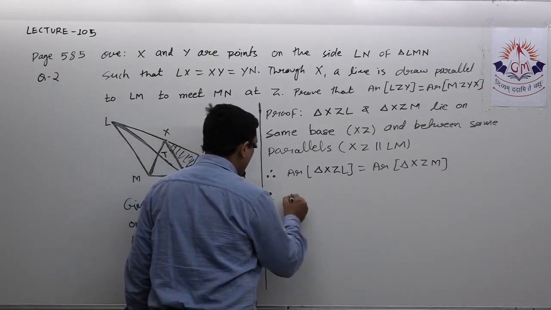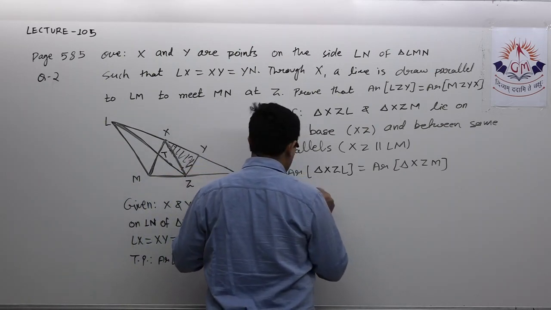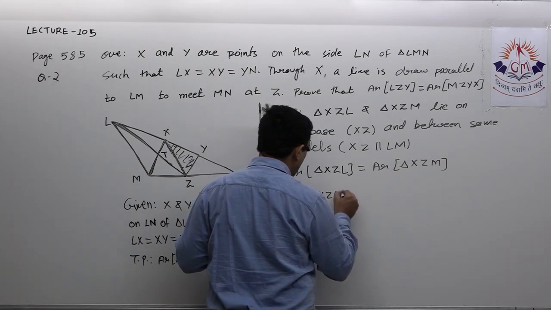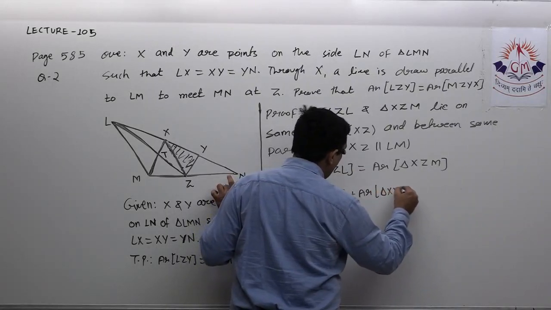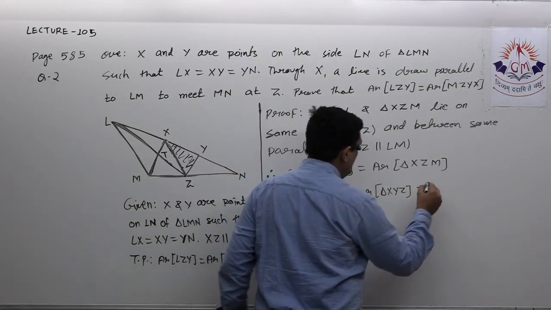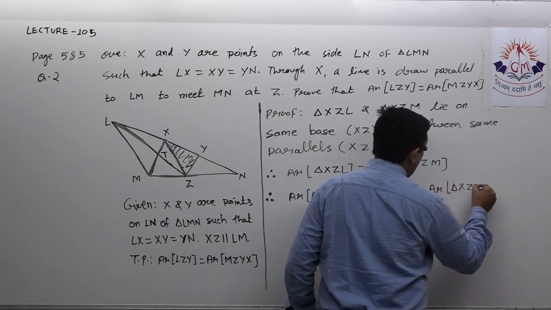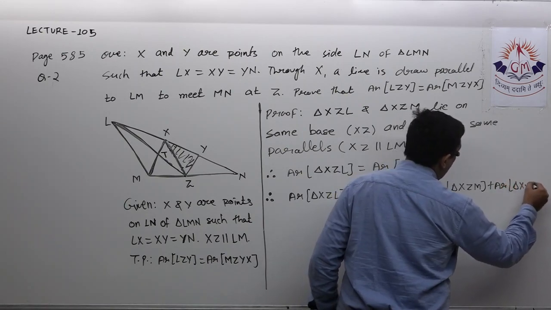Now what I will do, I will add the area of triangle XYZ to these two. Area of triangle XZL plus area of triangle XYZ must be equal to area of triangle XZM plus area of triangle XYZ.